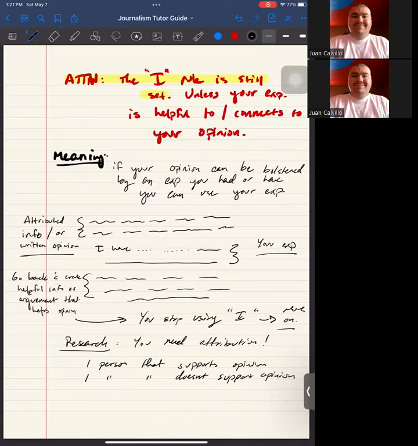Okay, so one person for, one person against. I would also have one person that is in the middle. How many is that? 3, right? 3 attribution.